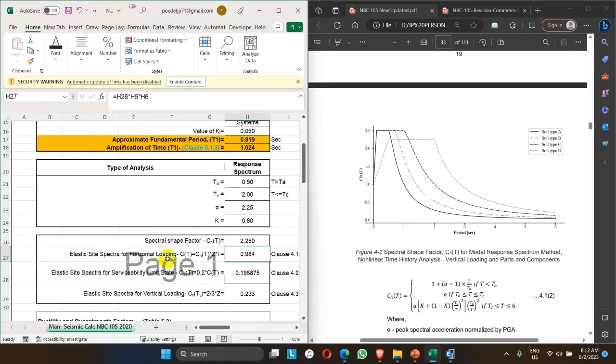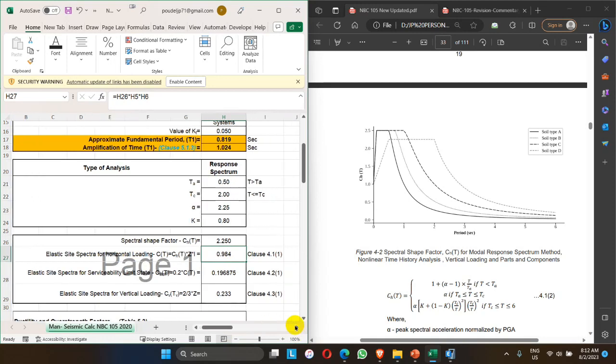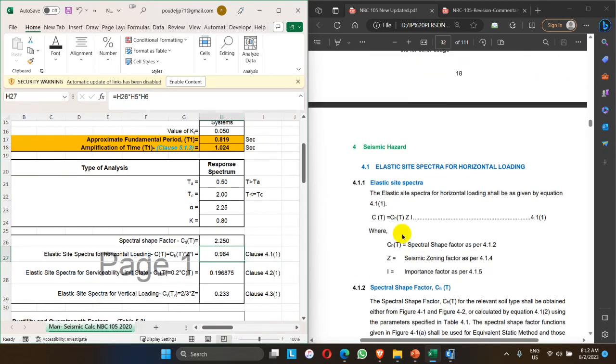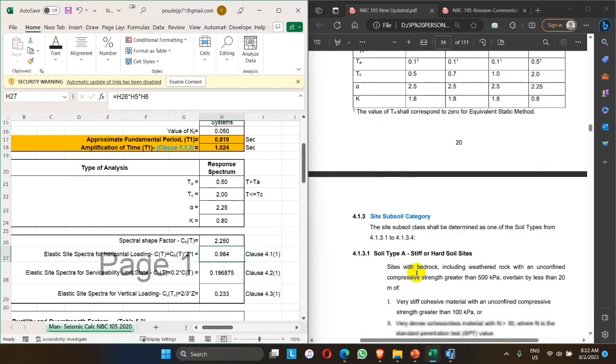The formula in clause 4.1.1, Csd times Z times I, gives 0.984, and the elastic site spectra for serviceability limit state is 0.2 times Cd, which means 0.19875.